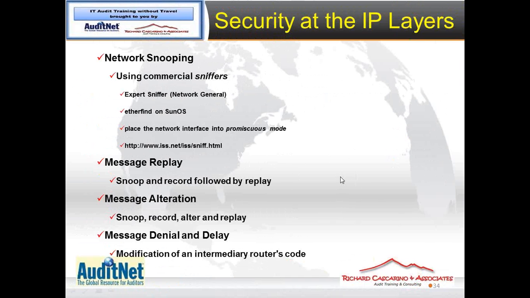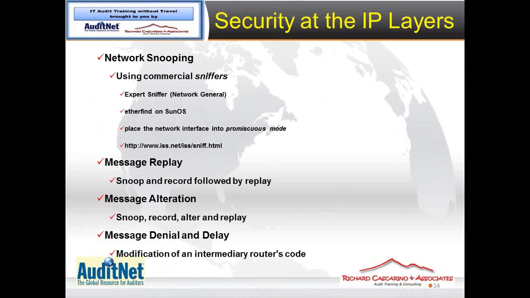At the IP layer, you can do network snooping, using commercial sniffers, things like Expert Sniffer, EtherFind, or we can place the network interface into what's called promiscuous mode and then run a sniffer. With a sniffer, I can say, take, for example, anything going to that network address or coming from that network address and duplicate it to me.